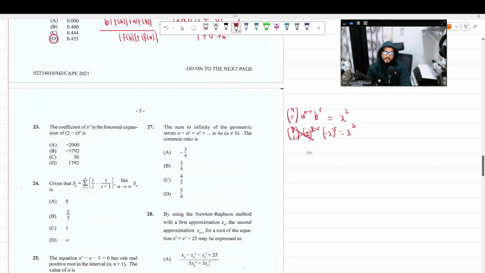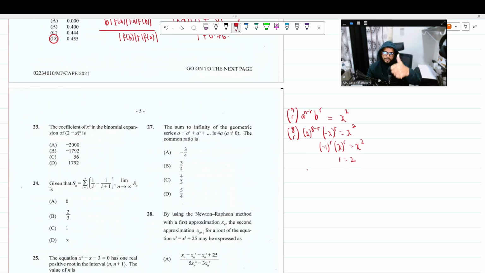When I figure out what r is, then I'll care about it. Right now I care about this part here, which is minus 1 to the r multiplied by x to the r, which is equal to x squared. When I equate the powers, again, you could group with the rest of all here, I'm just equating the powers for x. r will be 2.